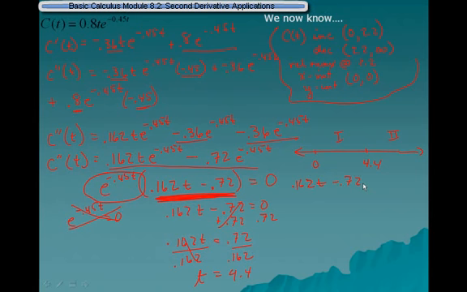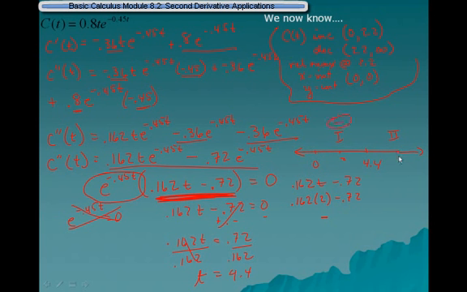Okay, let's plug a number in for region 1. Let's say 2. So we're going to substitute 2 because it's a good test point in for t. So that'll be 0.162 times 2 minus 0.72. And this is going to give us a negative answer. So region 1 has a negative for the double derivative.